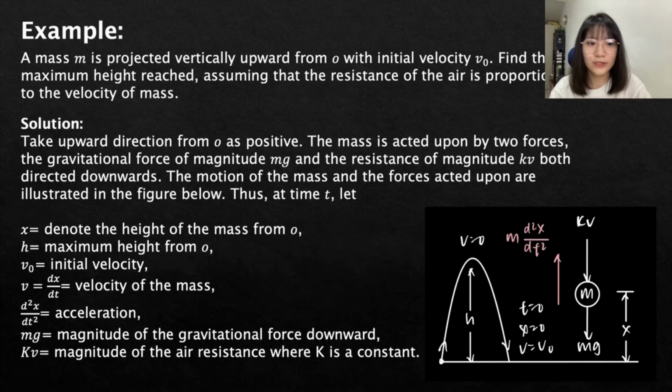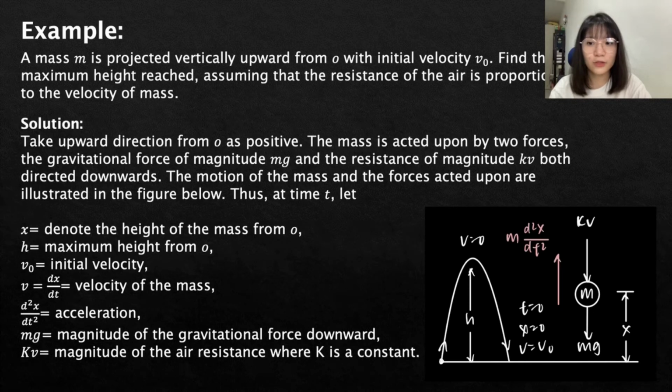Thus, at time t, let x denote the height of the mass from origin, h is the maximum height from origin, v0 is the initial velocity, v equals dx/dt is the velocity of the mass, and d squared x over dt squared is the acceleration. mg is the magnitude of the gravitational force downward, and kv is the magnitude of the air resistance where k is a constant.